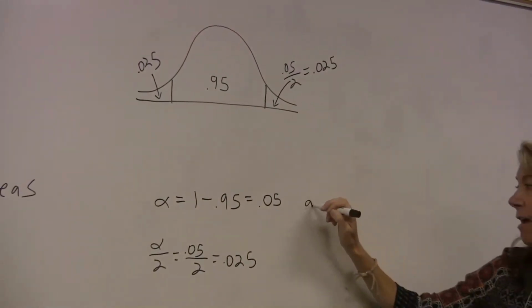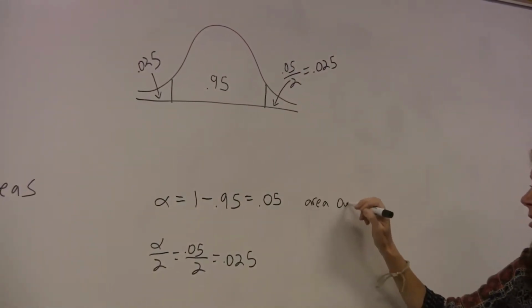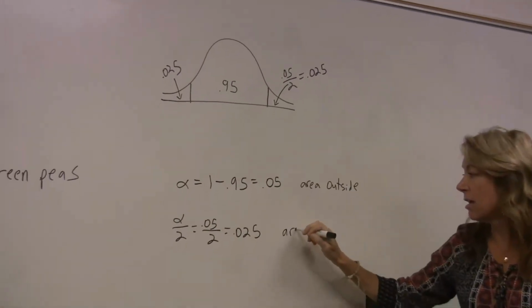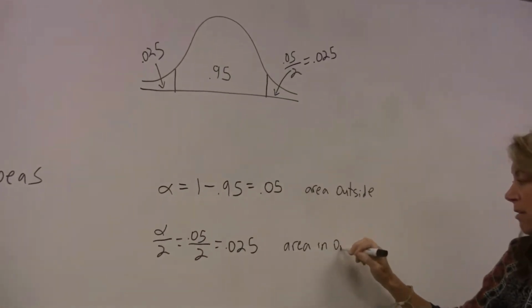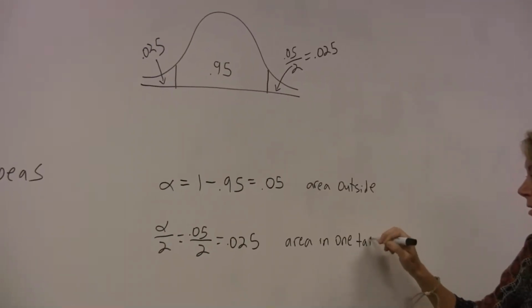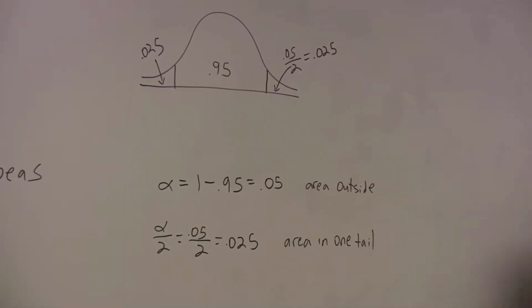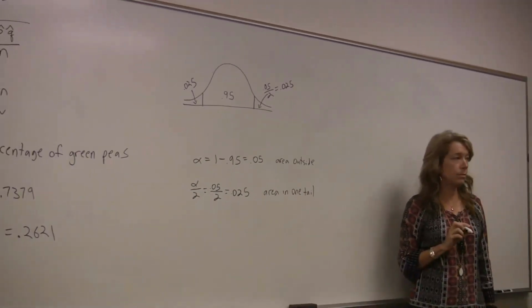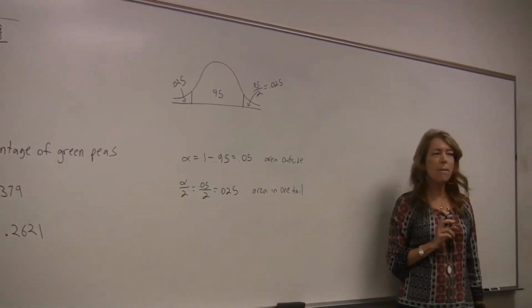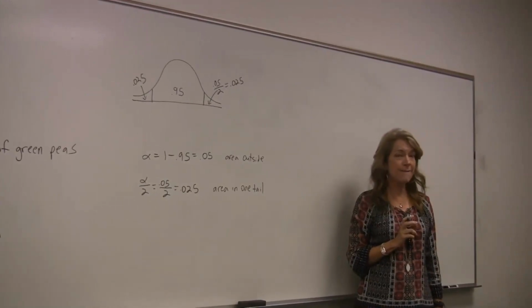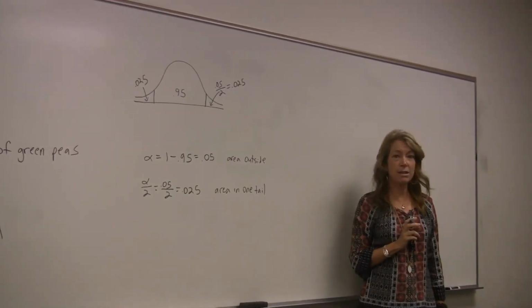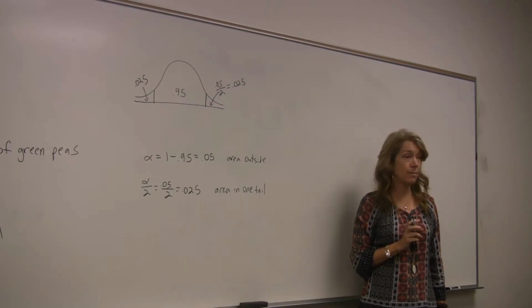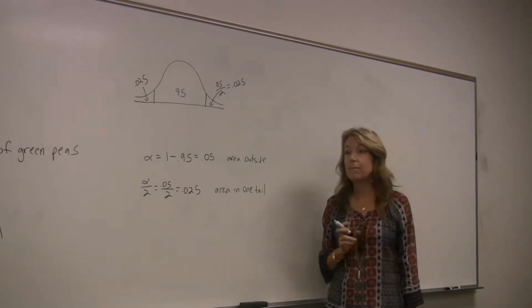Again, this is the area outside. This is the area in one tail. Why am I drawing this picture? What am I trying to find? Say that again?